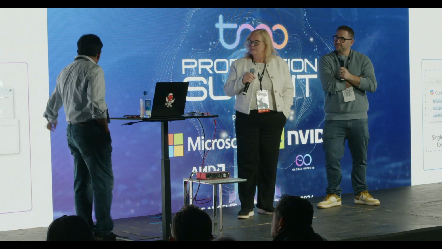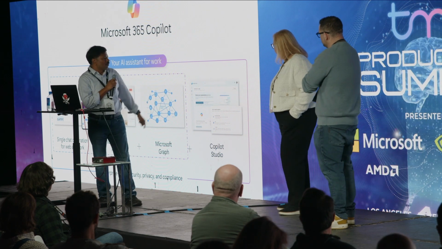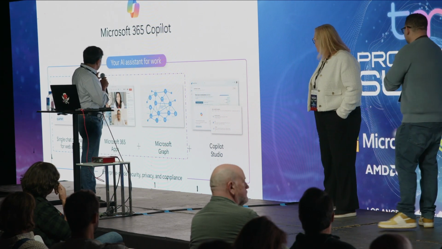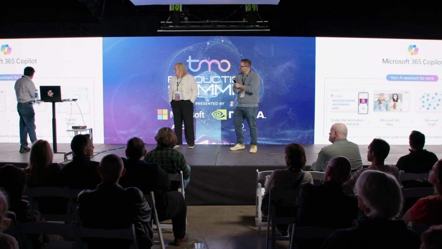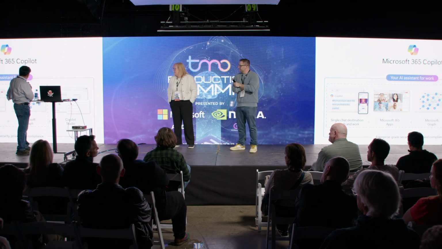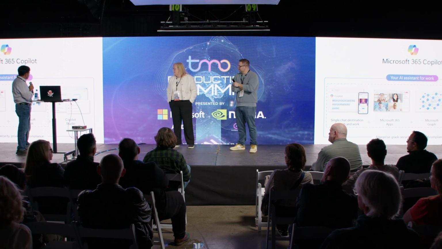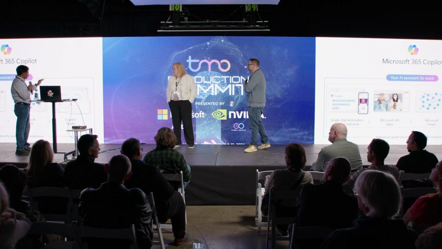One thing I also want to showcase is the Copilot Studio. So this is on the left side of this picture. You have your M365 apps, your documents, your Outlook, your Teams, everything on your M365. Then you have your Microsoft Graph grounding on that information. Then for special needs, you want to create something unique.